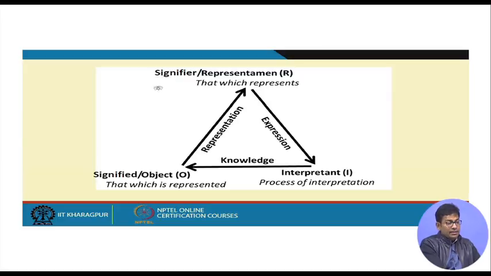And then the signifier has an expression, which is perceived by the interpretant, the person observing it, and this involves a process of interpretation. This process of interpretation will only be complete when the interpretant has knowledge of the object.